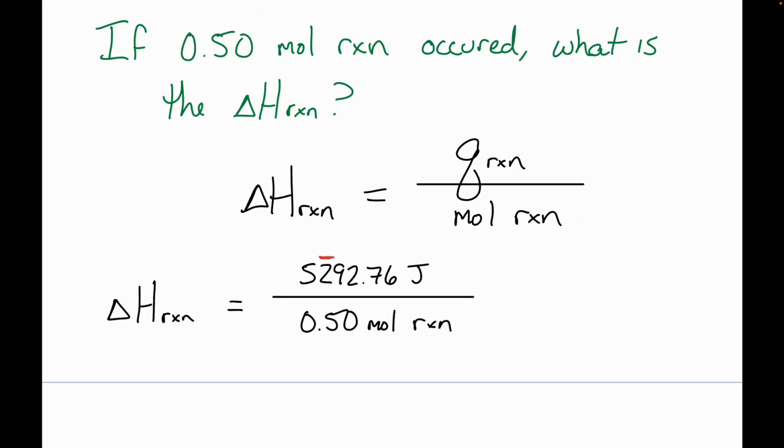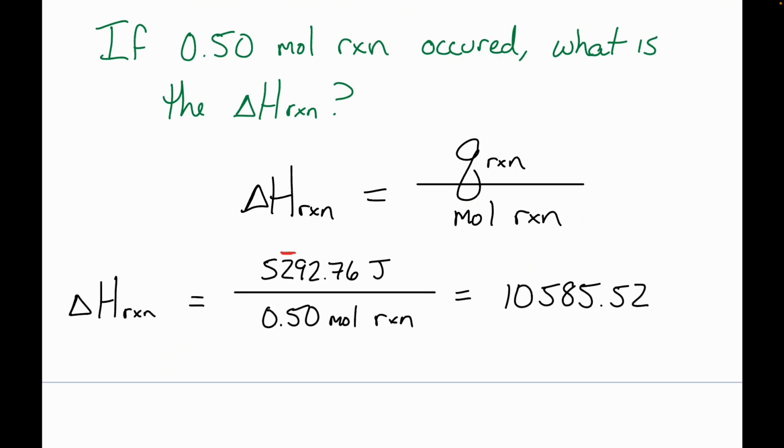So then I can figure out my delta H of my reaction by taking my joules divided by my moles. All right, and I get 10,585.52. All right, I'm going to round that to 2 sig figs.